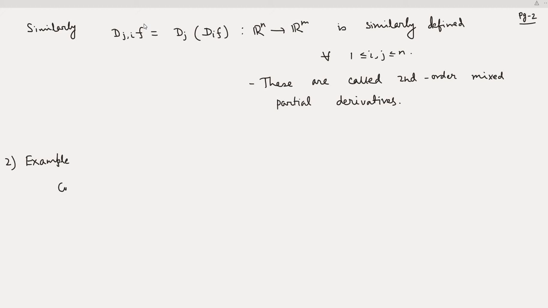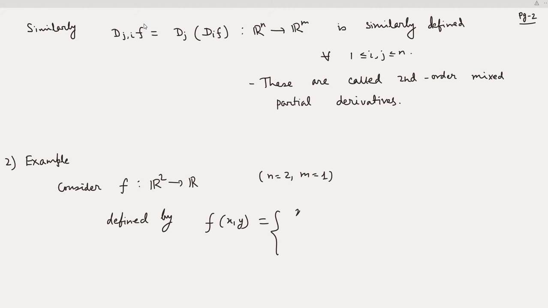examples. So consider a function from R2 to R, that is n equal to 2, m equal to 1, defined by f of x comma y, this is equal to x times y times x square minus y square over x square plus y square, where x comma y should not be 0 comma 0, and for x comma y equal to 0 comma 0, this is equal to 0.